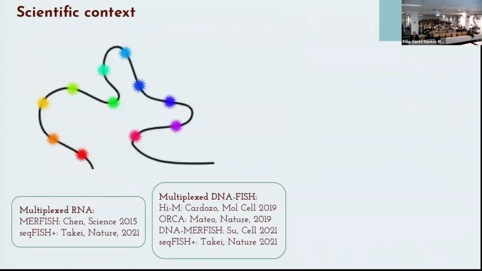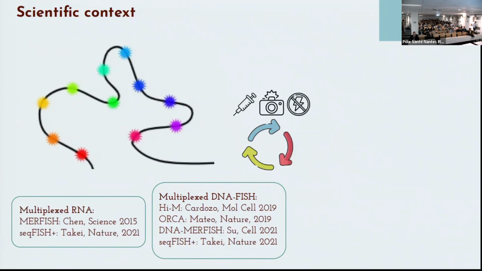So a recent solution is to couple fluorescent microscopes with microfluidics devices to sequentially image multiple DNA or RNA fluorescent probes. To do this, we take one probe at a time, and the sequential cycle will inject the probes, image, photobleach, and pass to the next, and this tens of times.